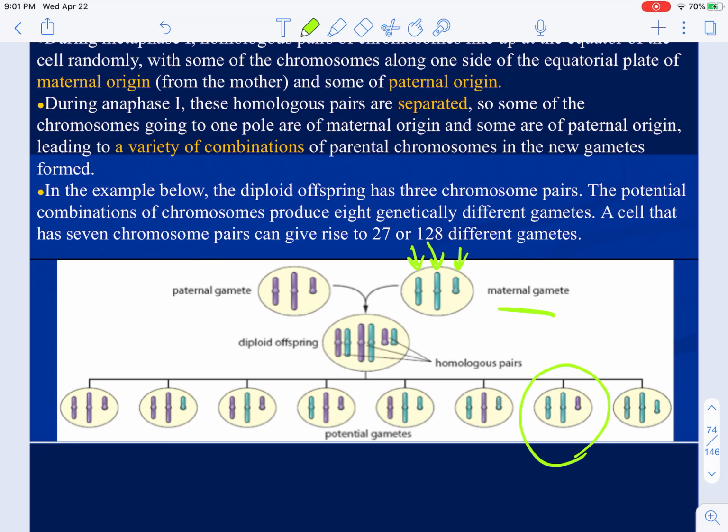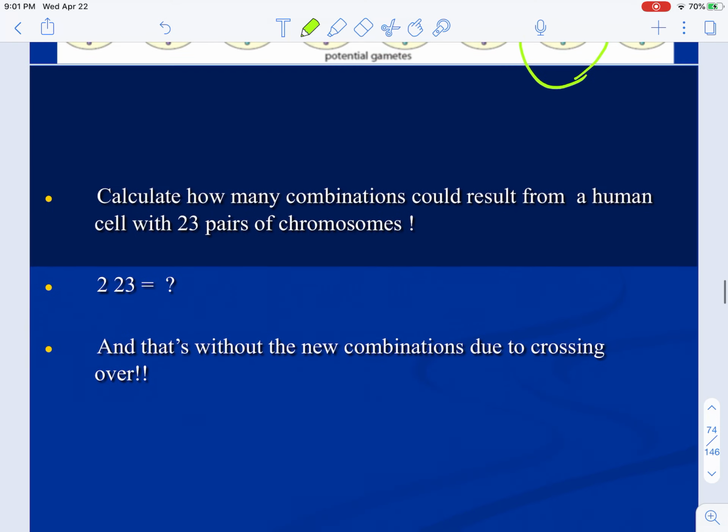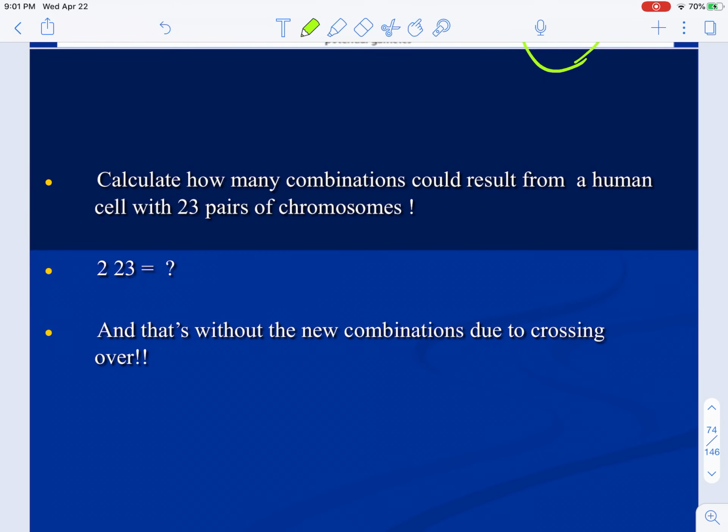So for any particular gamete, let's say a human sperm cell, it could have number 1, 2, 7, 10 from the guy's mother, and then 3, 4, 5, 6, 11 from his father. You never know what combination of chromosomes ends up in that gamete, so it is very random.